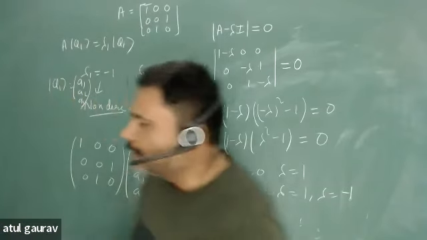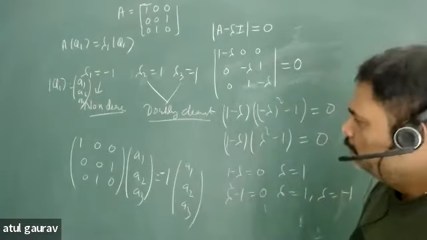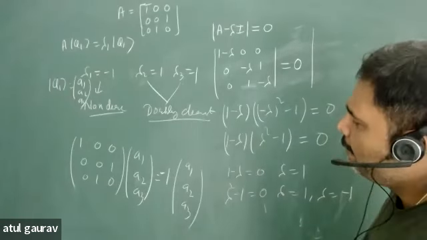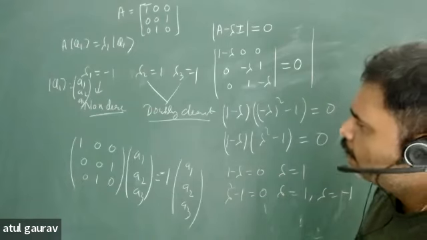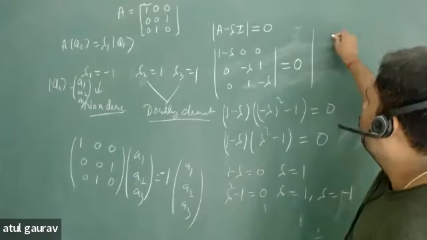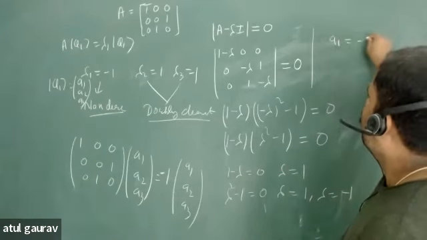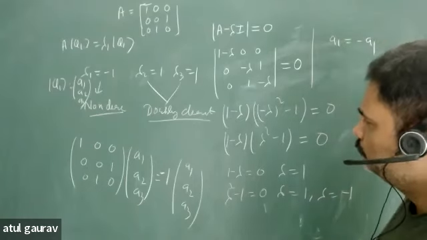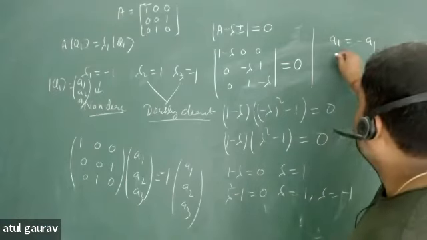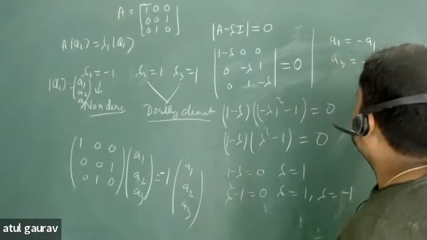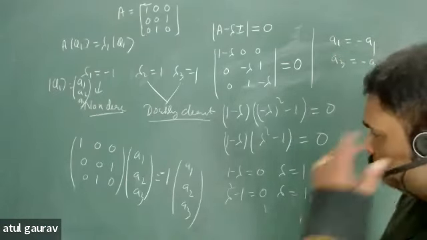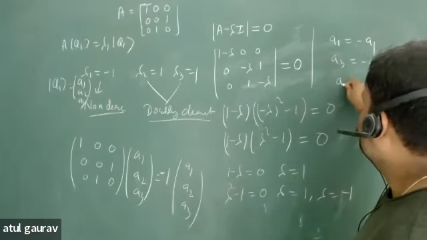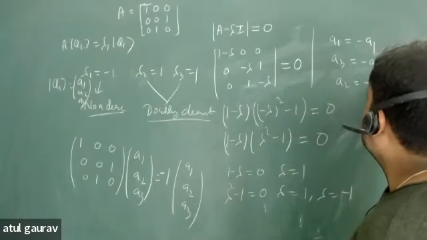So can I solve this equation? What will the first equation be? A1 is equal to minus A1. The second equation: A3 is equal to minus A2. The third equation: A2 is equal to minus A3.